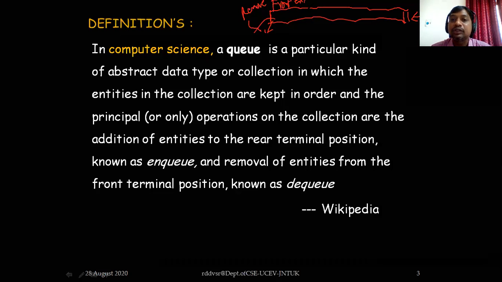Basically it is a list of elements in which, if you want to add a new element into the list, all you can do is add it at the end of the list. If you want to remove an element from the list, you have to do it from the front. That is what we call a queue.